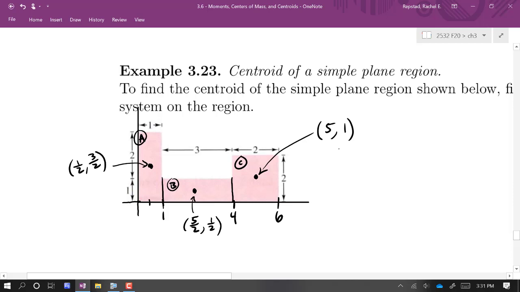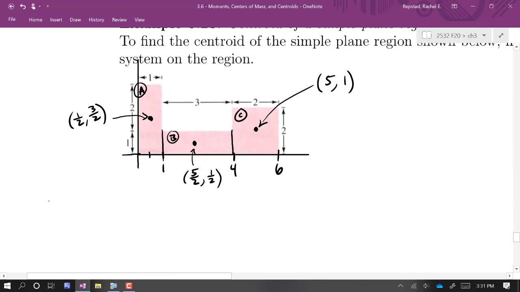Now the masses of each: if this is a simple plane region of uniform density, the mass is really just the area. So let's find the area of each, which is simple. They're rectangles, right? We don't need to do any integration for this. The area for region A is 3 by 1, or 3, located at the point 1/2, 3/2.